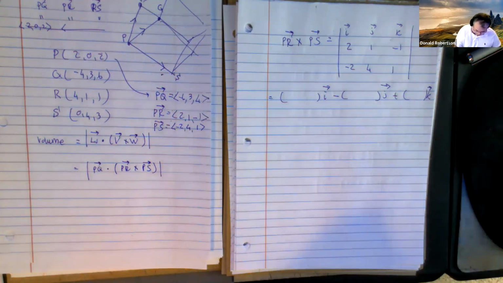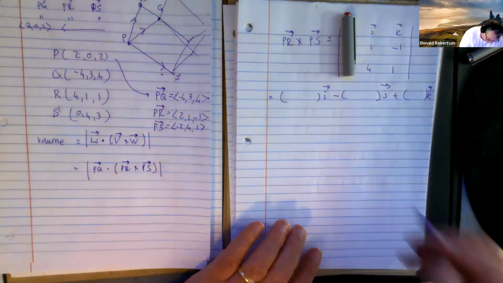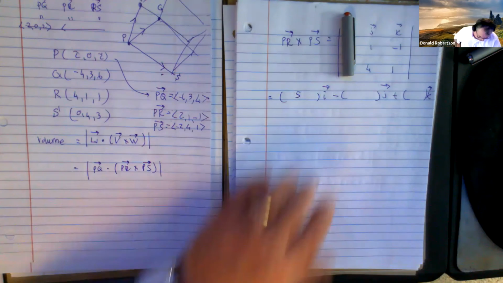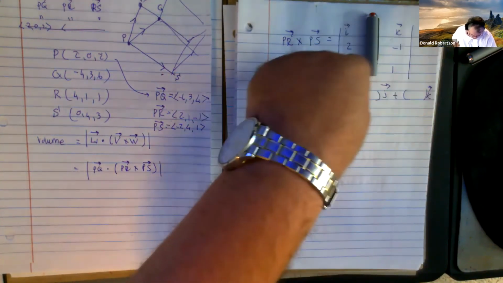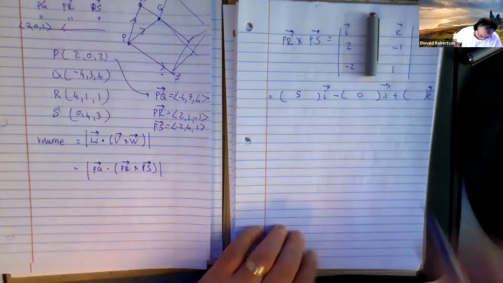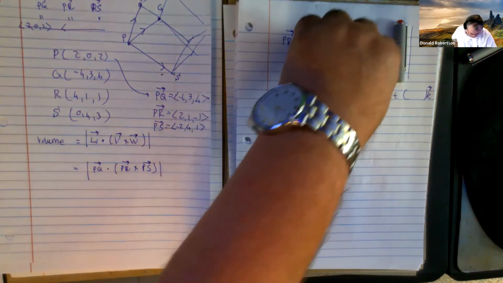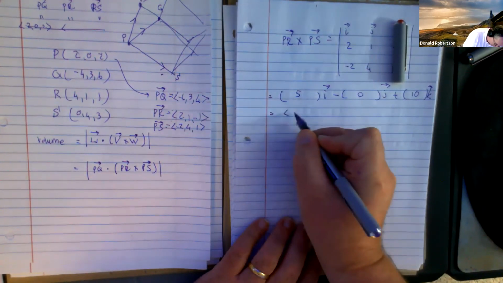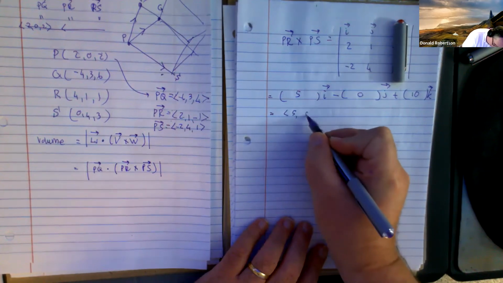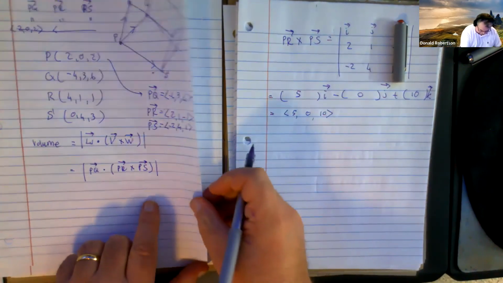And then I do the cover up thing. You want the I's. Major diagonal 1, take away -4, which means you add it, you get 5. Middle one, major diagonal 2, take away 2, 0. Last one, major diagonal 8, take away -2 means you add it. And so we end up with a vector 5, 0, 10. And that's the cross product.